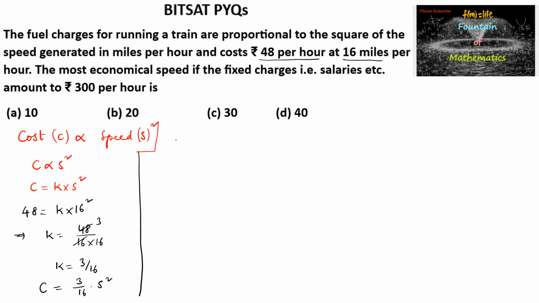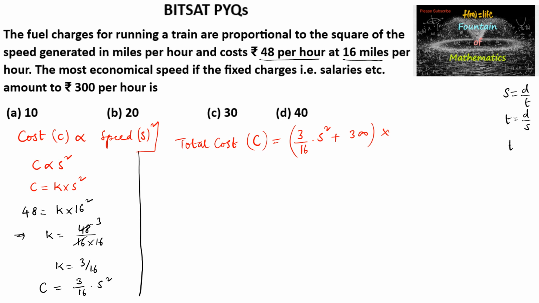And now the total cost including the maintenance charges. So we can write the total cost, capital C, is equal to 3 upon 16 into S squared plus 300, a fixed charge per hour, into the total time. We know that speed is equal to distance upon time, so time is equal to distance upon speed.